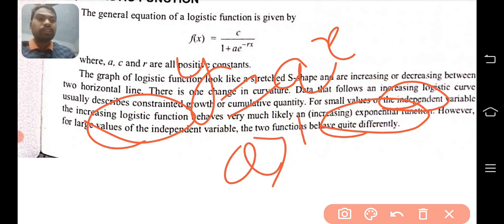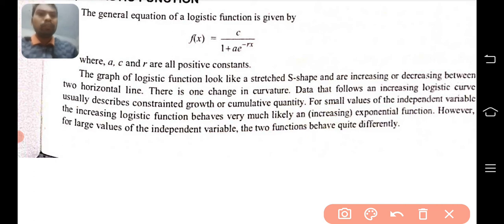If the value of x is very small, we get a similar exponential function, the increasing exponential function.